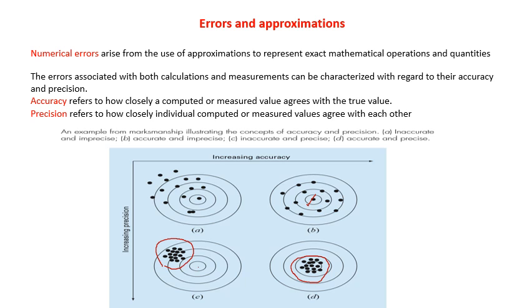The errors associated with both calculation and measurement can be characterized with regard to their accuracy and precision, as we just saw. Numerical error, again, is because of approximation.